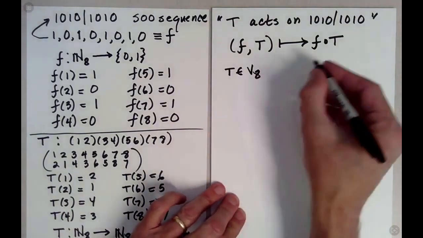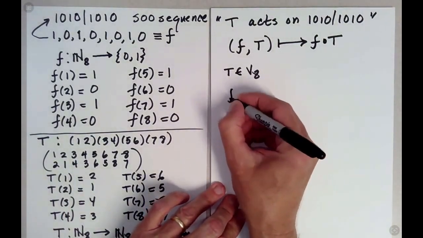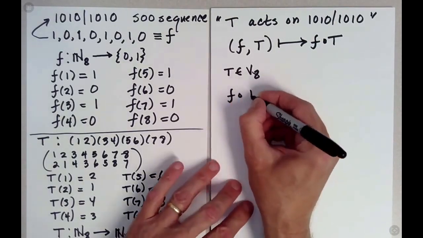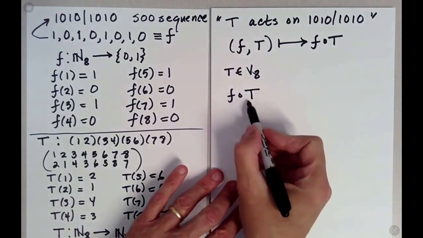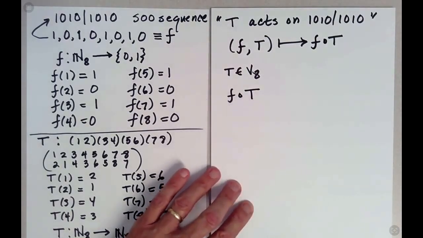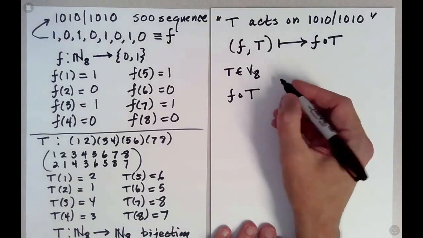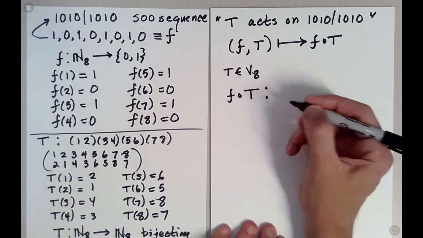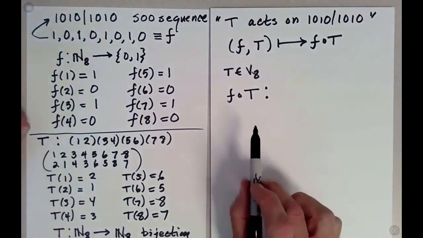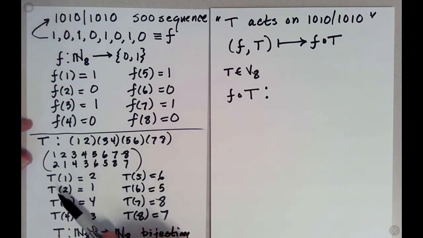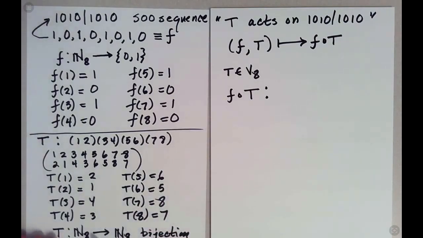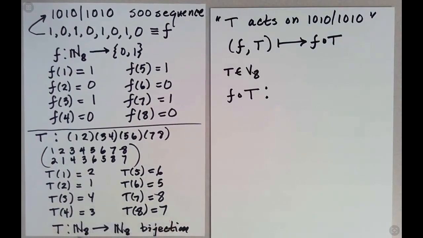Okay? Well, to find this, first off, it will be important to figure out if it even makes sense. Does this even make sense? Okay? Well, it does, of course, because what we will need is to look at the function t, the permutation, but it's a bijection. It goes from n8 to n8.